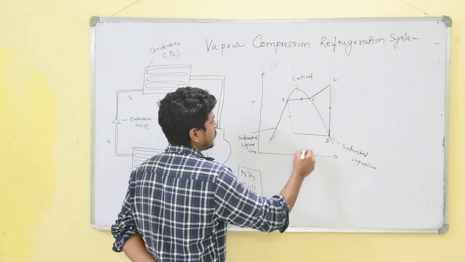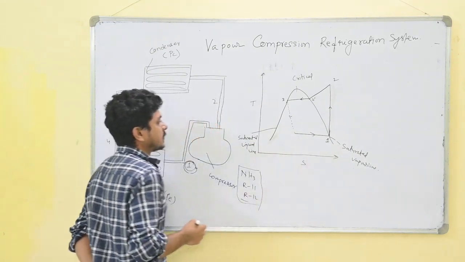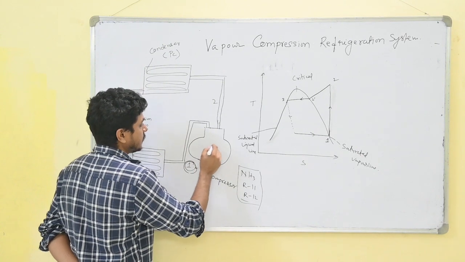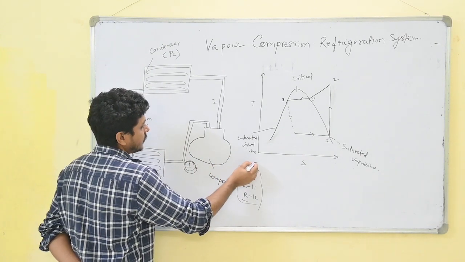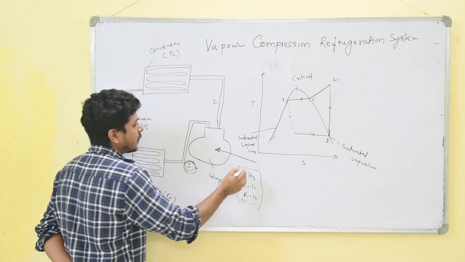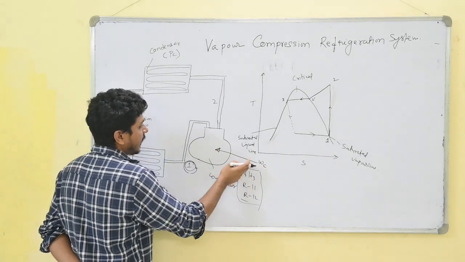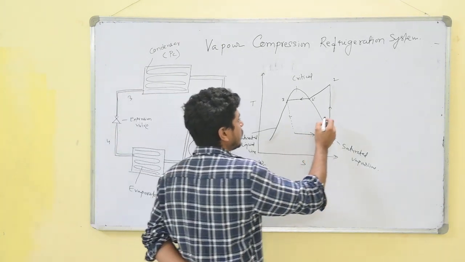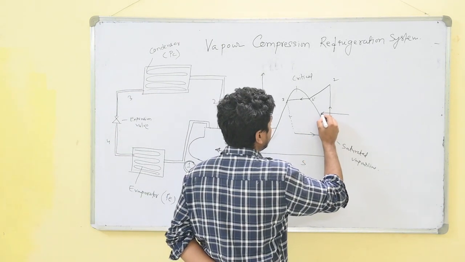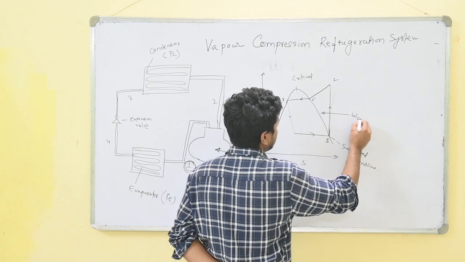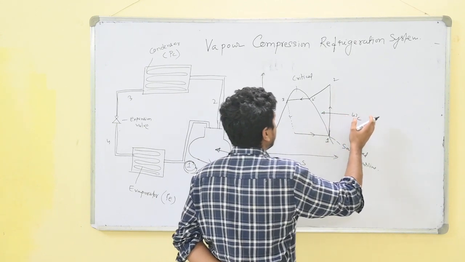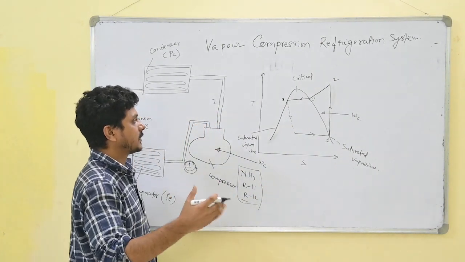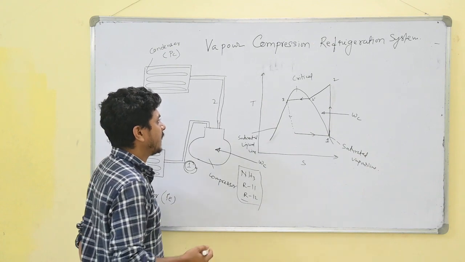That's how it shows anti-clockwise rotation. Here we show the compressor, and we have to do work on the compressor. That's why the arrow head is on the compressor. That's why the arrow is along the cycle, not outside the cycle. It is inside the cycle.